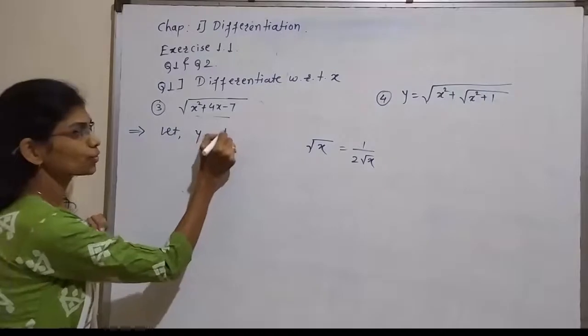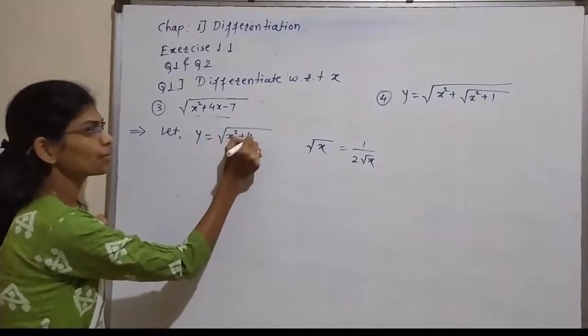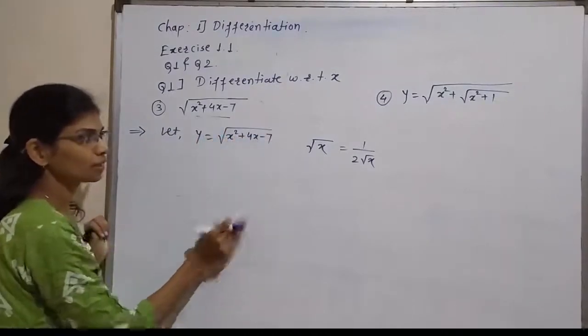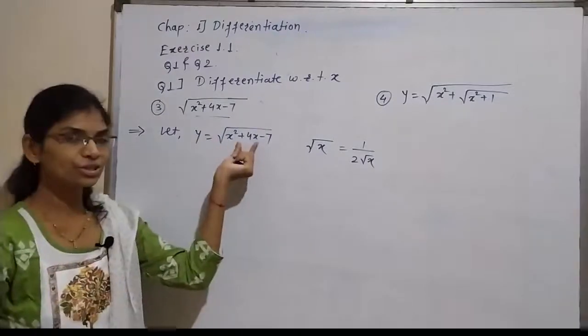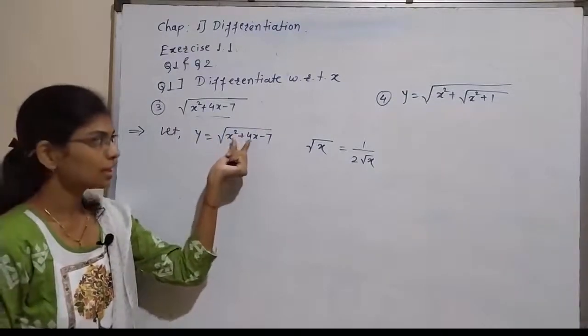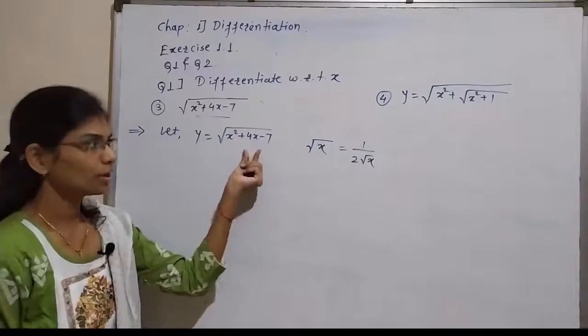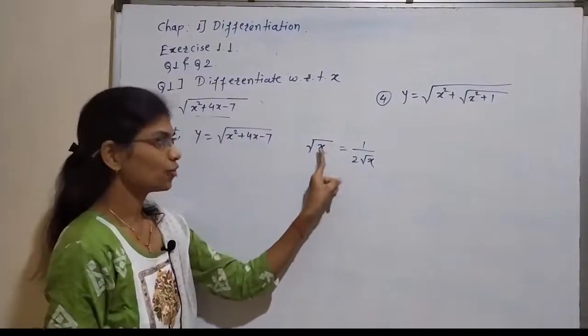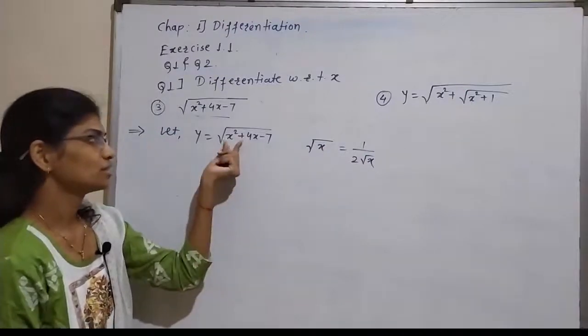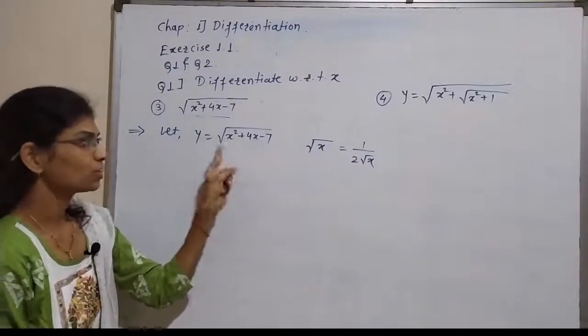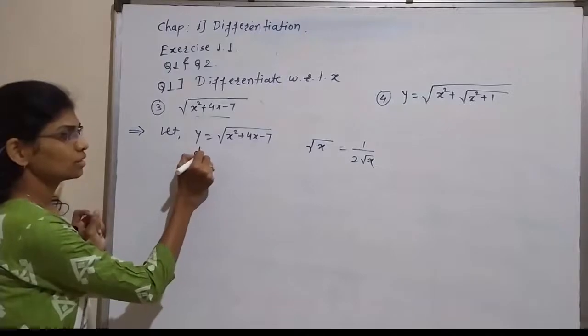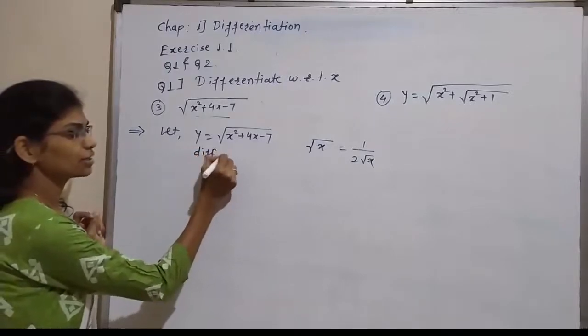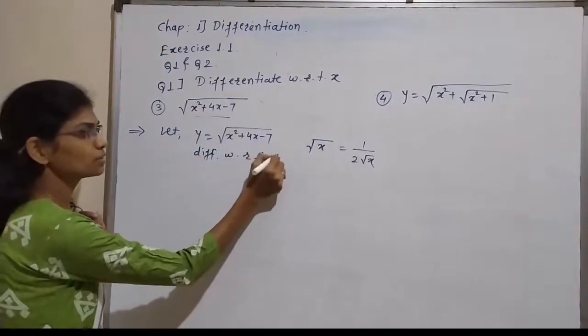y is equal to square root of x square plus 4x minus 7. That whole function is in square root, therefore use the formula for root of x, where the value of x is considered as the whole function. For that one, differentiate with respect to x.